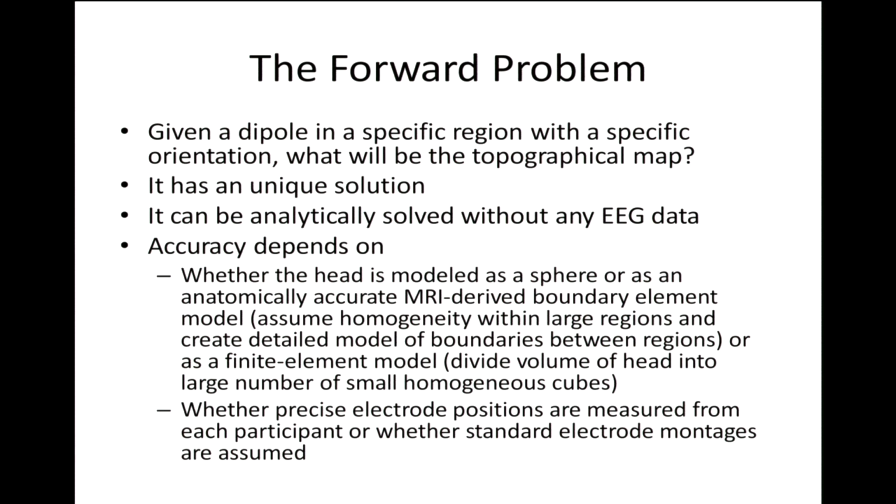In most cases, when you record your EEG, you do not have an MRI. If you have each person's head MRI, then the solution accuracy is much better, because your head shape is very different from my head shape, and that is why how the current propagates in your head would be different from my head.